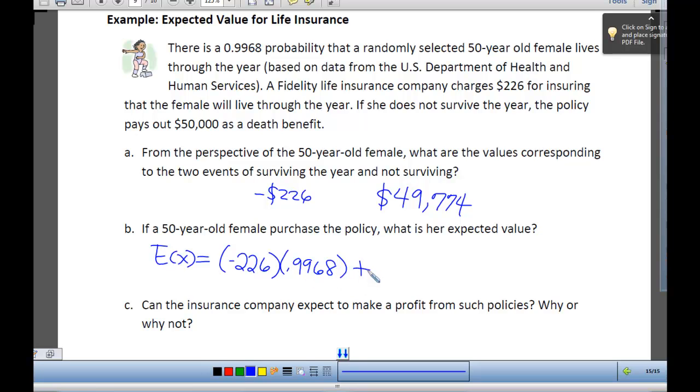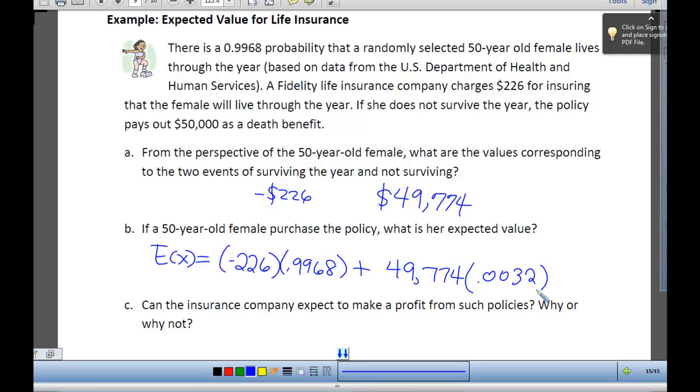Plus she doesn't make it through the year, so that's when we get the payout. The probability that she doesn't make it is 1 minus 0.9968, which I get 0.0032. So that's times 49,774.